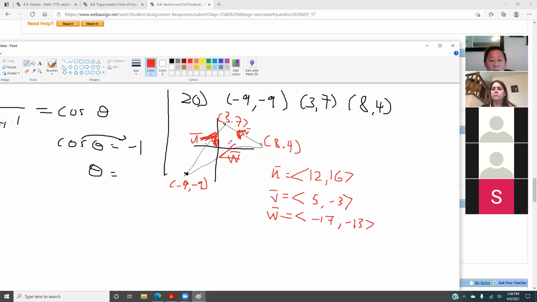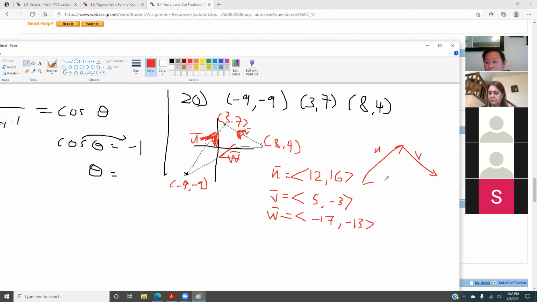And let's do it another way, because 5, -3, yeah, this is correct. So if you do 12, 16, the vector u goes this direction. The reason it goes this direction is because these two numbers are positive. 5, -3 goes into quadrant 4, so it goes down this direction.